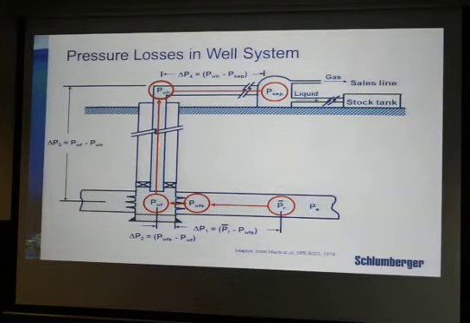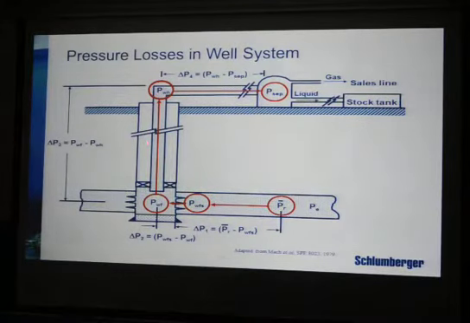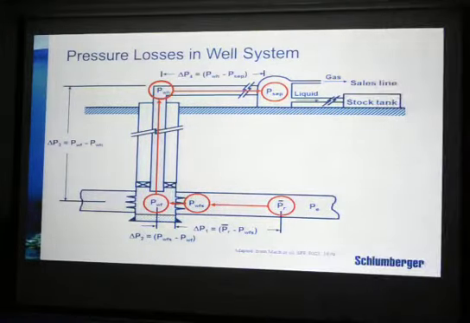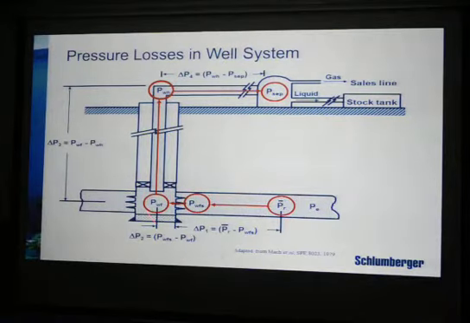And just above that node also we generate the same kind of equation, and then, just like two simultaneous equations, we solve for P and Q at this node to find the node operating point pressure and operating flow rate. Generally this nodal analysis is done at the bottom hole, because the reservoir behaves in one way and the tubing behaves in another way.